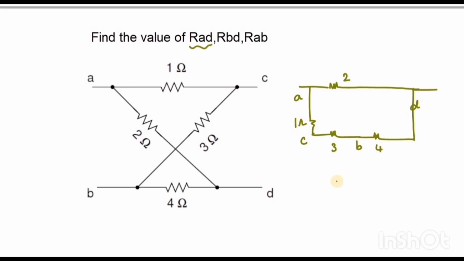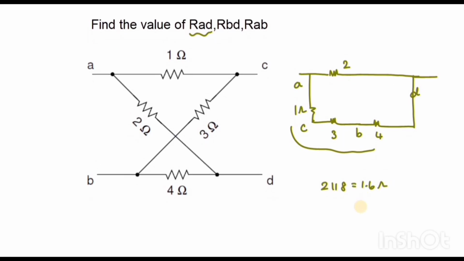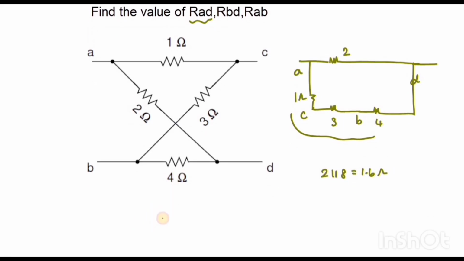So now you can see these 3 resistances are in series. So you get 2 in parallel with 8. Okay. So 2 in parallel with 8 is 1.6. In a similar way, if I want to find the resistance across B to D, I have 4 ohm resistance.